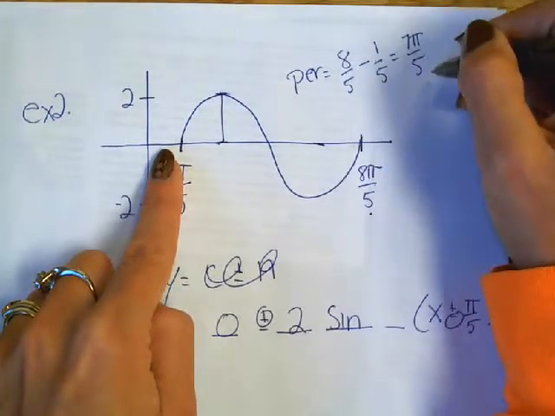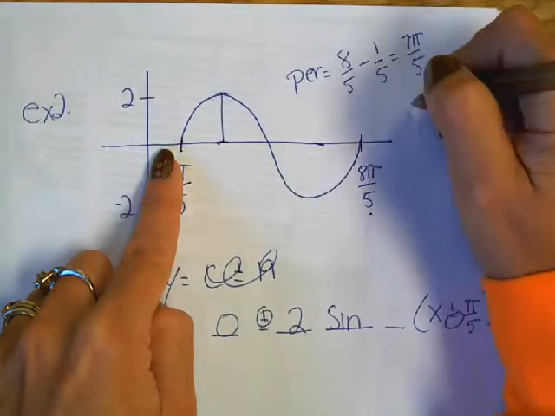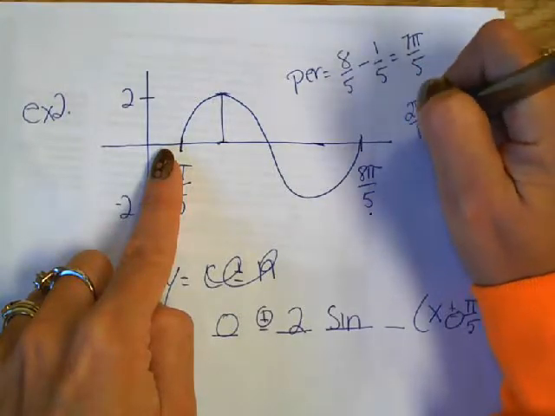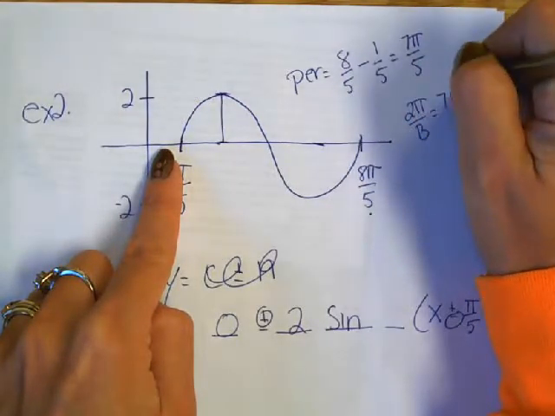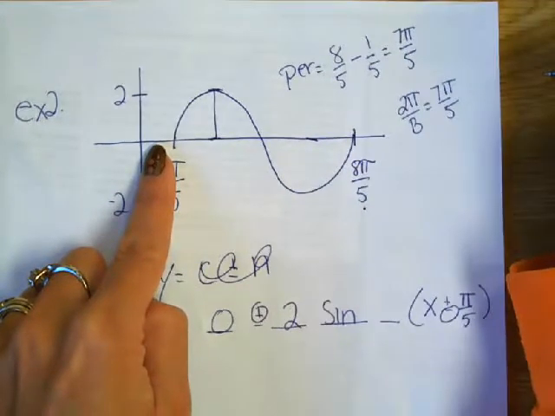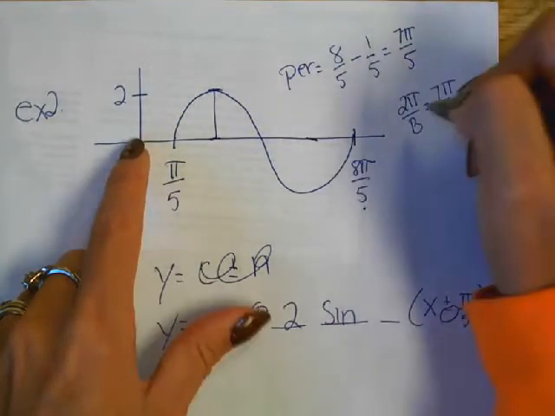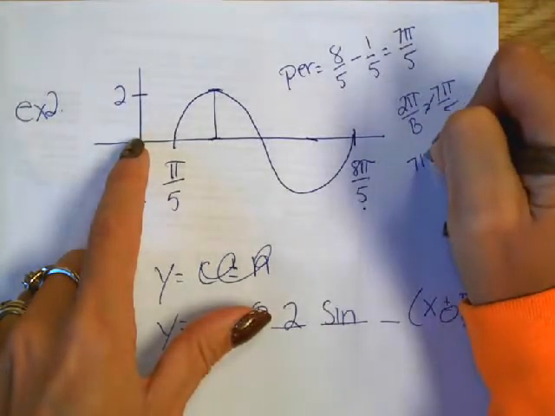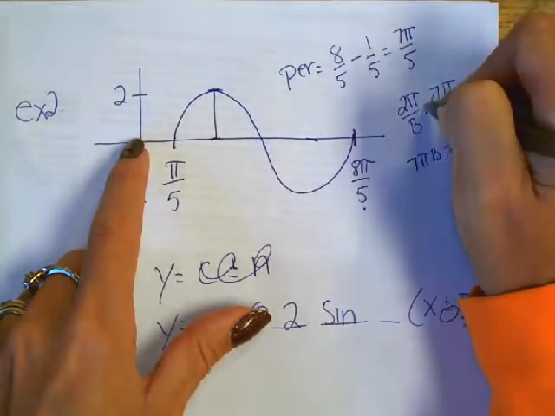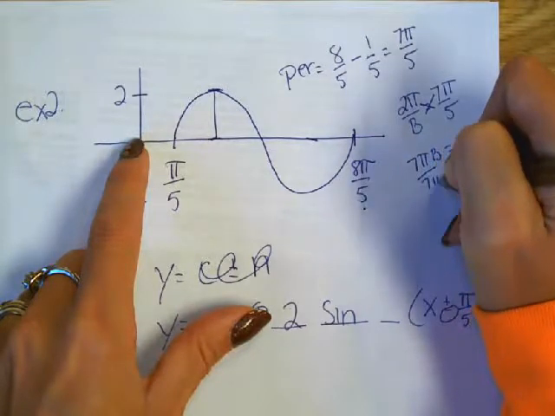Now I set 2 pi over B equal to that to find the B. Before, all the other ones we started at 0, so the ending value was the period. Now it's not. So 7 pi B equals 10 pi. Divide by 7 pi.